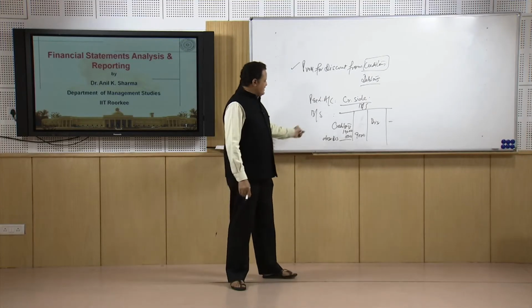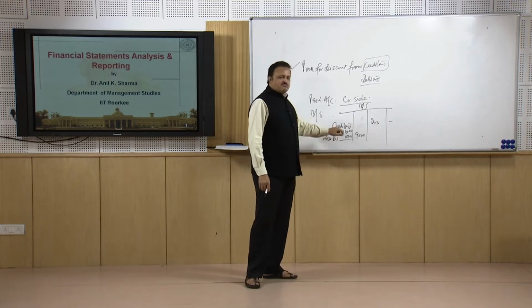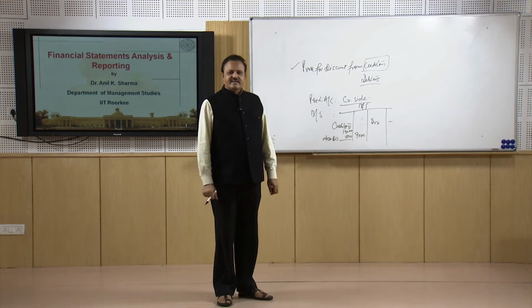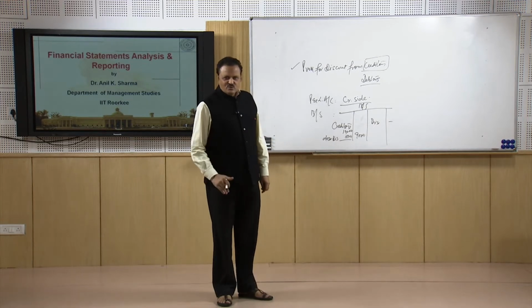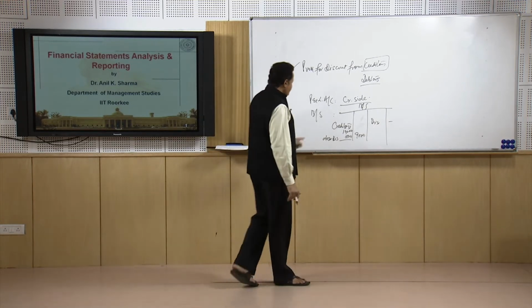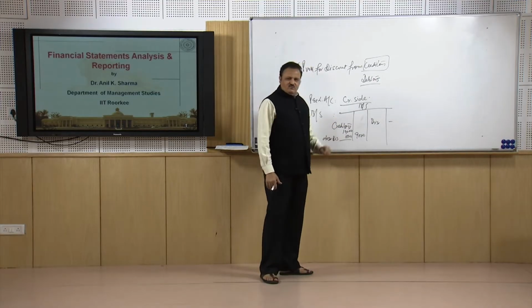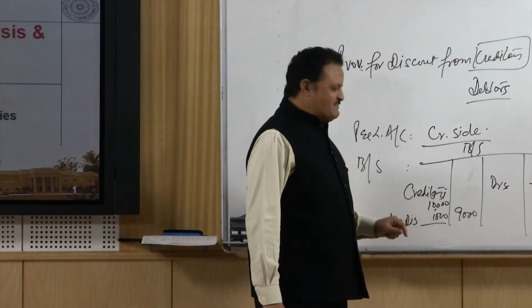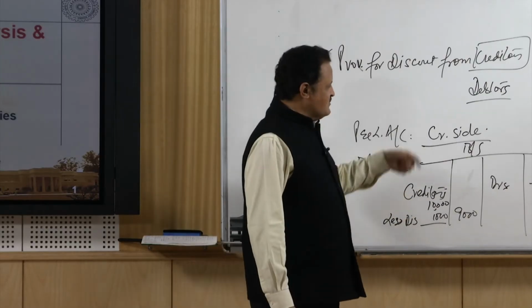It means we are not expecting to pay them 10,000 rupees, but something less, because creditors may also give some discount to XYZ Limited. If the discount is 10%, it is 1,000 rupees, and 1,000 rupees less will be paid by XYZ Limited to their suppliers.